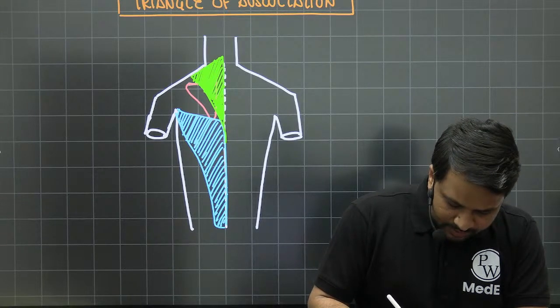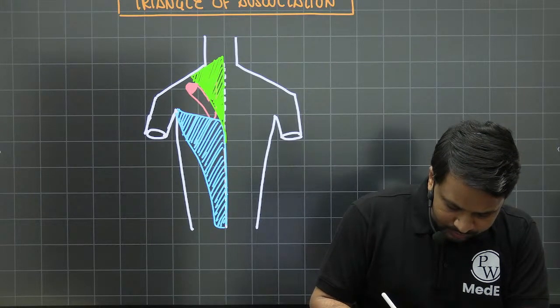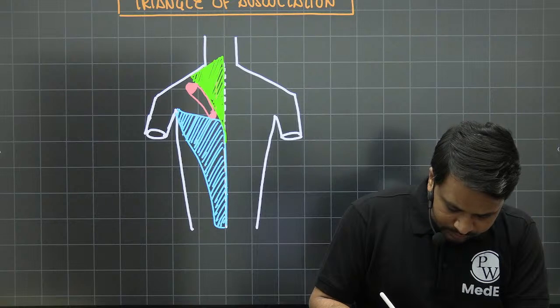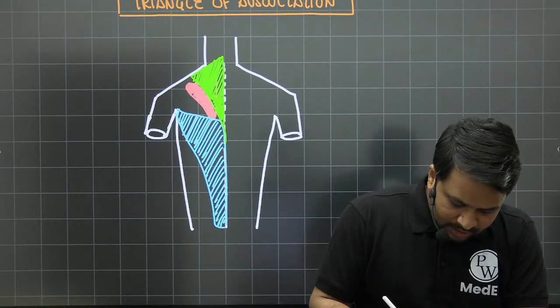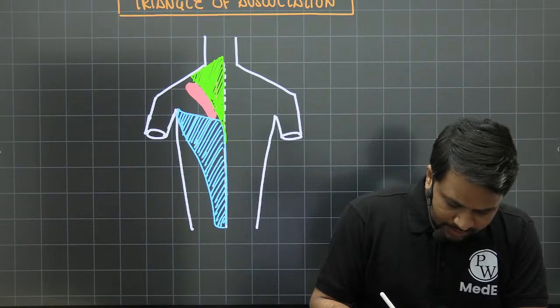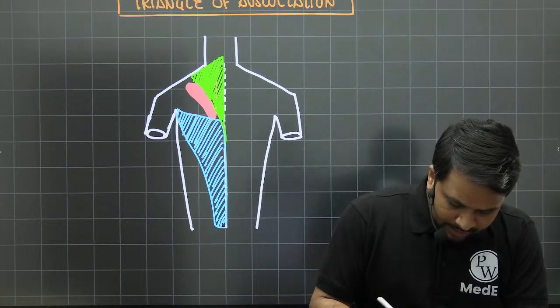Now this happens to be the scapula. Between the scapula, trapezius and the latissimus dorsi muscle, there is one area which is not guarded by any of them.